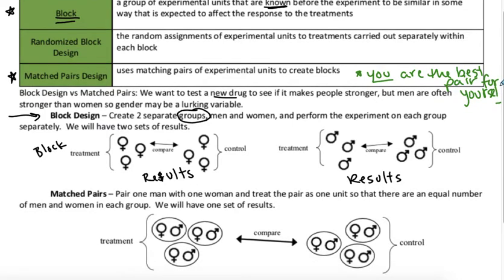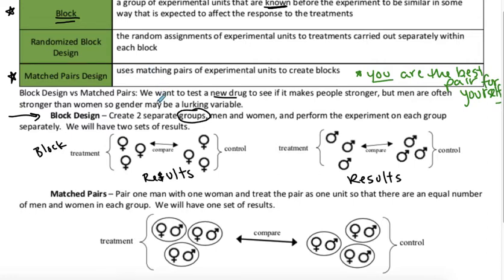So if you can do the experiment twice, this is where you would want to do something with the new drug and something with the old drug, because that controls all the other lurking variables of genetics, background, lifestyle, all those things that could be affecting how the new drug or the old drug impacts you. That would be something that you could do twice and then be able to compare.